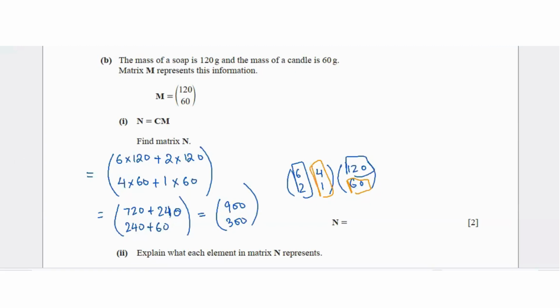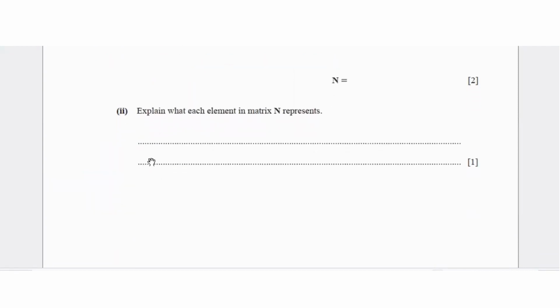That's right, 960, which is going to be 960 and 300. That is your matrix N. 960, 300. And it says explain what each element in matrix N represents. So the 960 basically represents the mass of contents in the large bag.